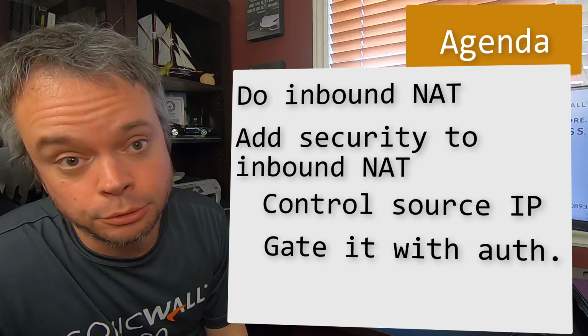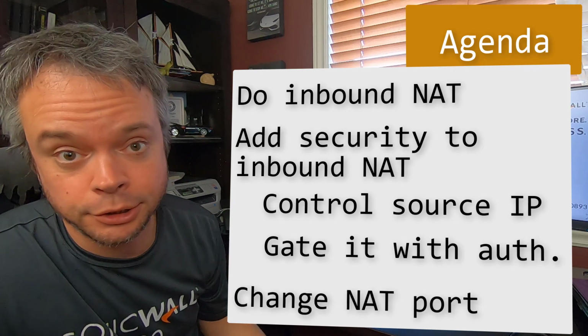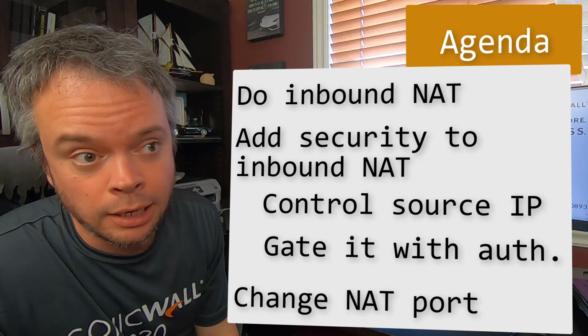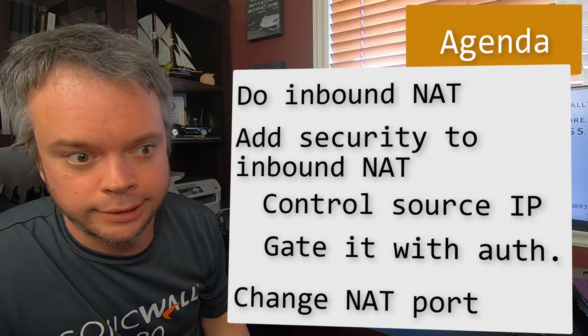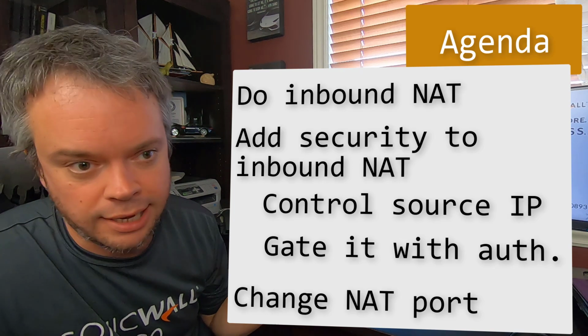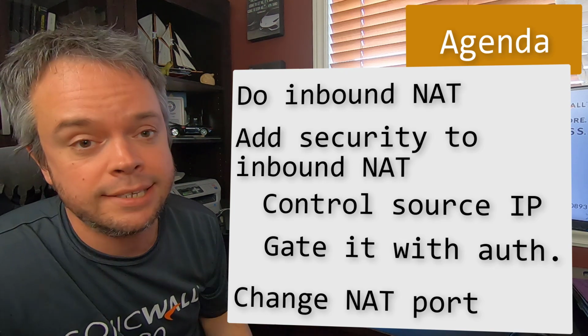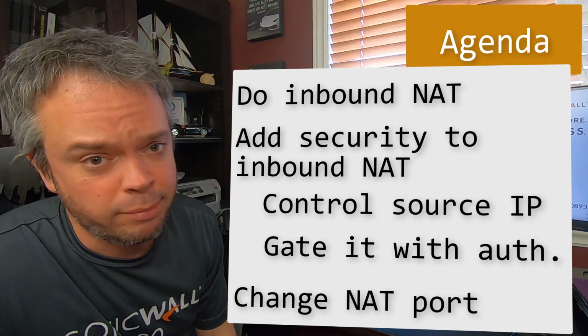Also, I'll show how to change the port, because some people tend to believe that, well, hackers can do cross-site scripting, SQL injection, and remote shell and do some amazing things, but they'll never think about me doing remote desktop on 3390 instead of 3389. I'm smart. No, right?